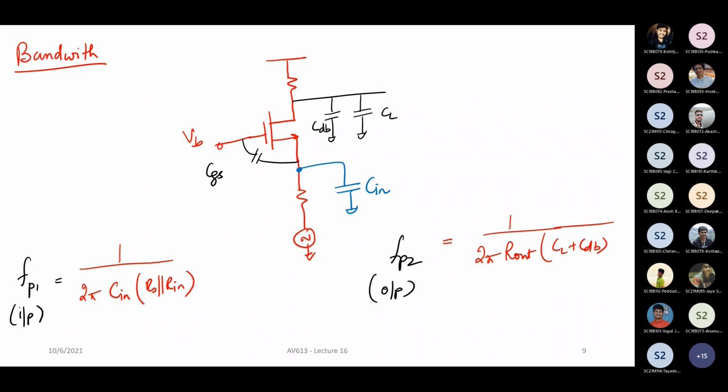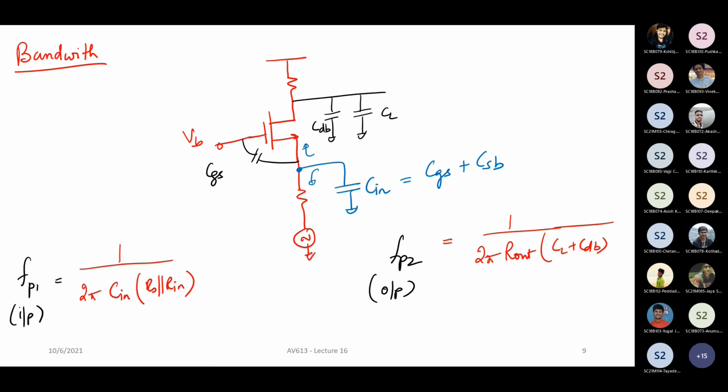What is the impedance seen by the capacitor? Seen by the capacitor, if you look up, you have 1 by Rn. If you look down, you have Rs. Because VB is an AC ground, Cin will be comprised of CGS plus CSB. These are the two components in Cin.